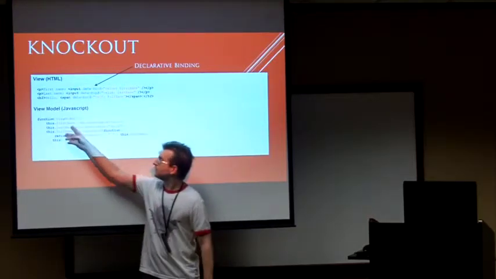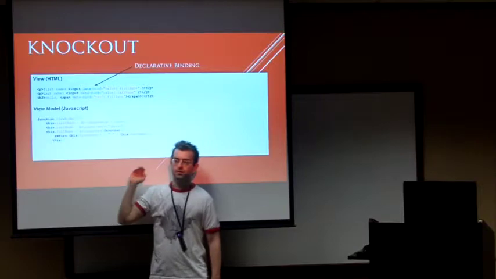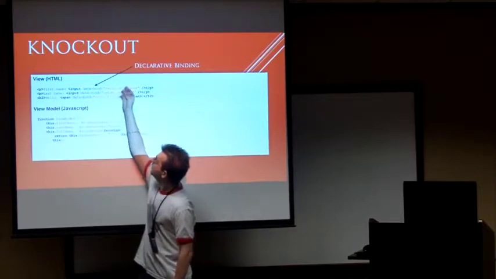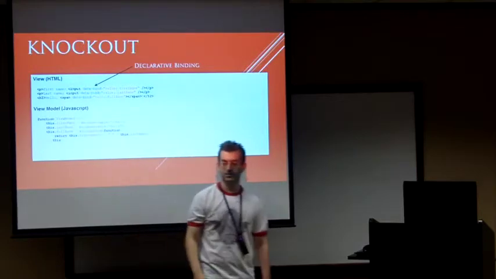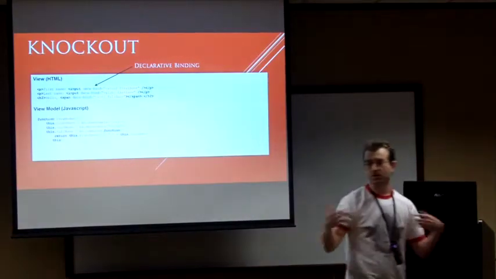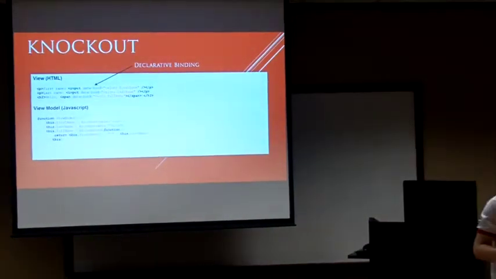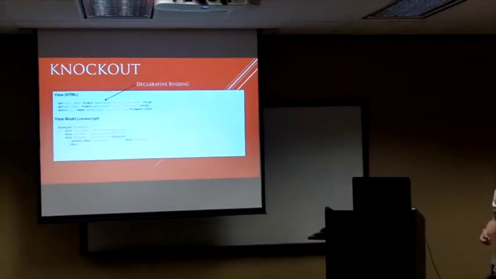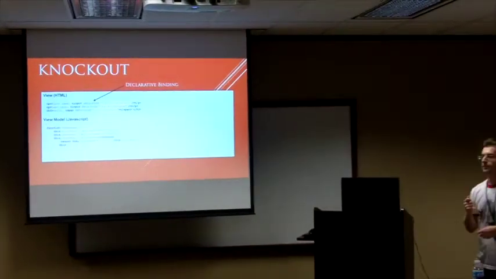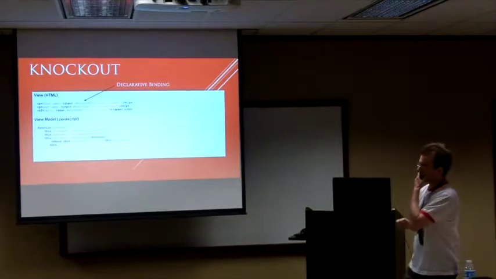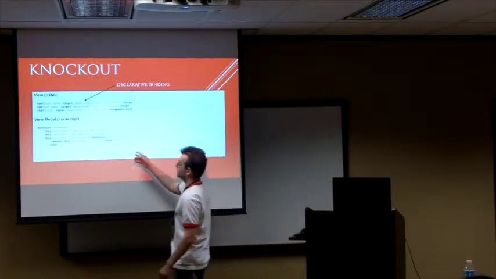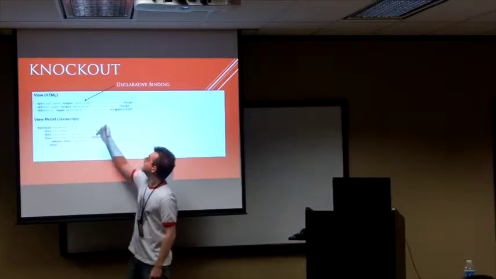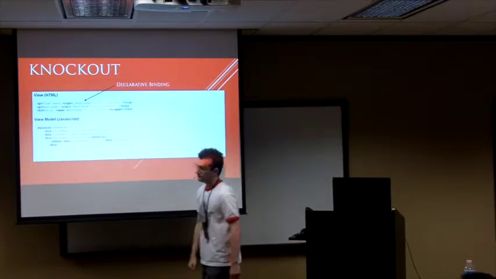So as first name changes, the input value will change, or as the input value changes, it will push that data back into your JavaScript object. So you get a two-way automatic synchronization of your JavaScript object state and the DOM. And this is really, really powerful. And Knockout does this by providing you with these special observables that you can create and these data binding expressions.